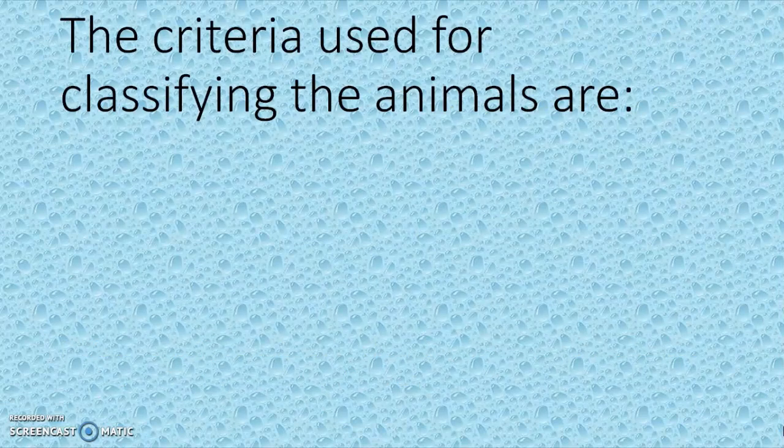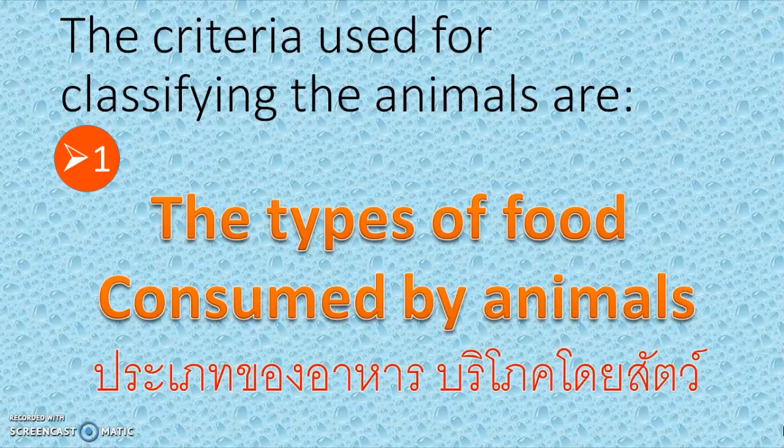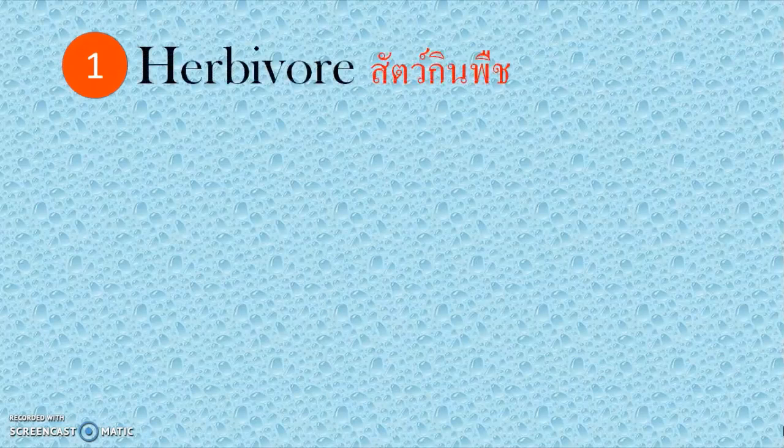The criteria used for classifying the animals are, for example, number one, the types of food consumed by animals. So what are those? Number one, herbivore.